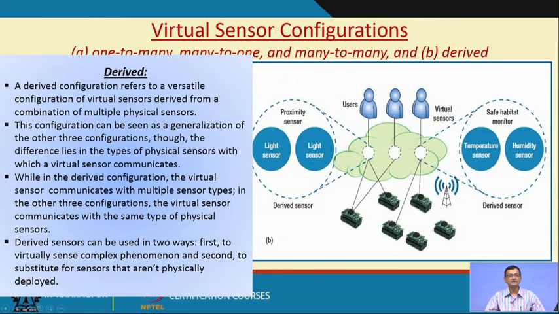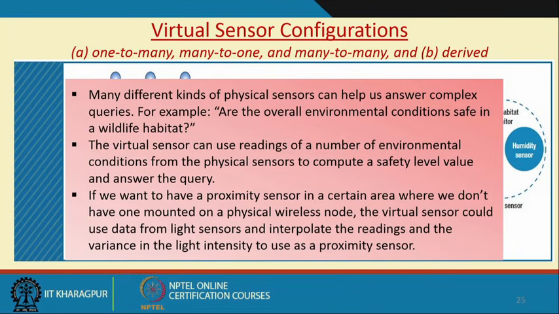This configuration can be seen as a generalization of the other three configurations, lying in the type of physical sensors with which a physical sensor communicates. So, it emulates a sensor by looking at different other physical sensors. It derives a sensing capability from the other physical sensors, right. This type of scenario is being emulated.